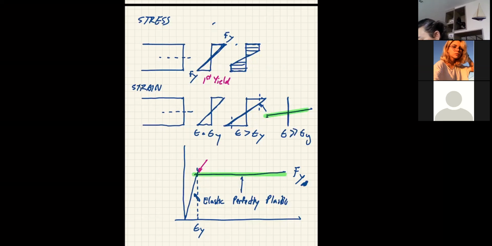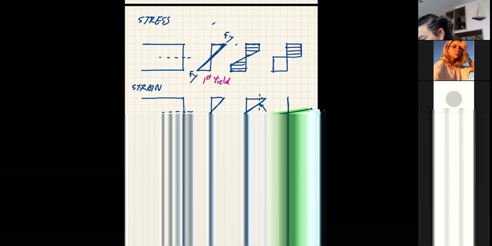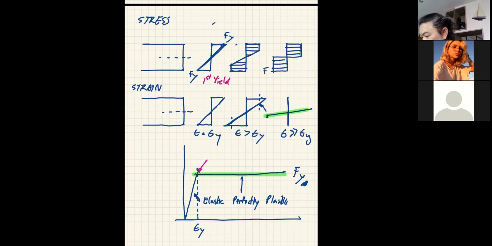So what's going to happen to your stress? Now you may be able to guess that the entire section is going to yield. So now we have Fy throughout the entire section.